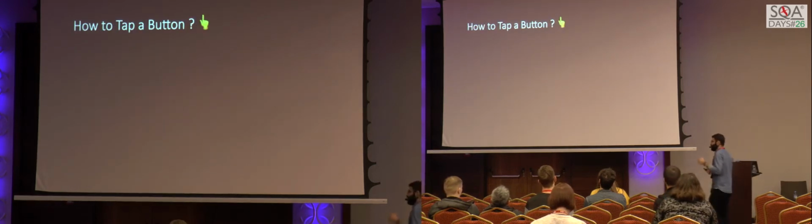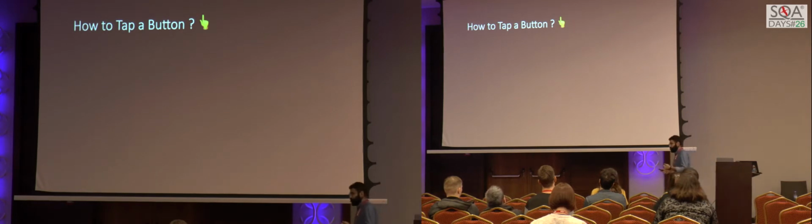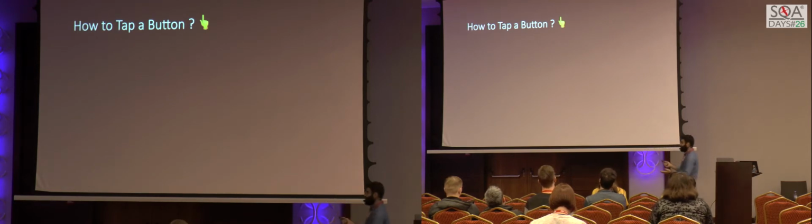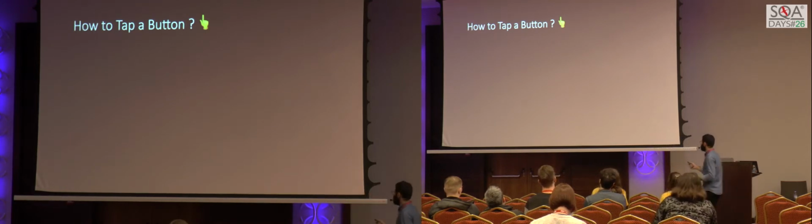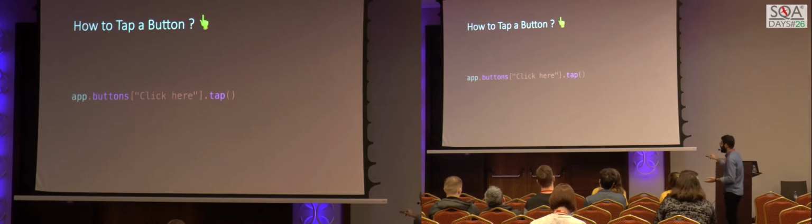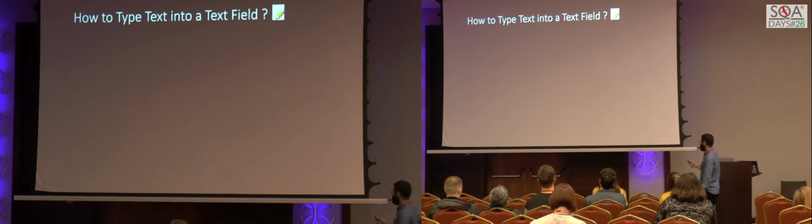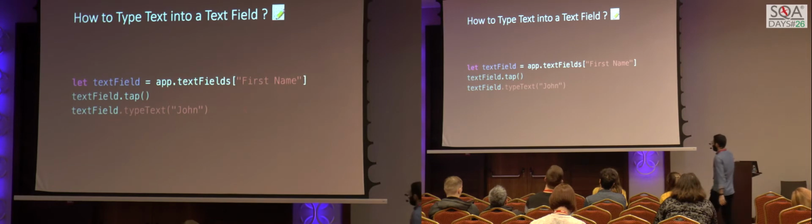Now that we know how to launch the application, and we have the class with all the actions we need, let's see, for example, how to tap on a button. Easy. I'm telling the application app, you have a button that has the label click here. Please tap on it. It will tap on the button. As easy as this. How to type inside a text field? Same. Here I'm defining the text field.